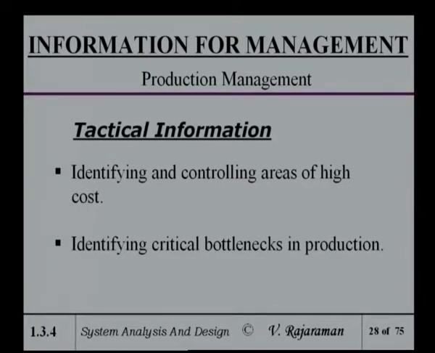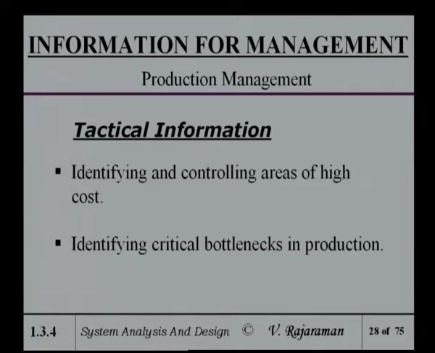The tactical manager, on the other hand, has to look at the next level, having decided what types of cars to produce and having been given a production schedule by the general manager saying that you make 10,000 cars of this type, model A. Having been told to make 10,000 model A cars, his job is to make sure these 10,000 cars come out in whatever specified time, and that specified time is given by the strategic manager.